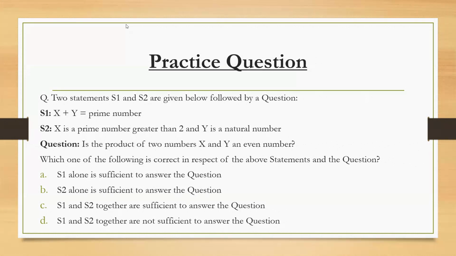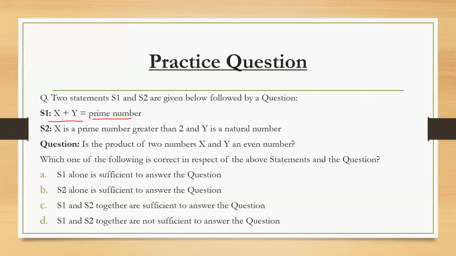All right. Let us check here. So here you have x plus y is equal to prime number. Okay. So here, will statement 1 alone answer my question? Definitely not, because I can have multiple values here, right?